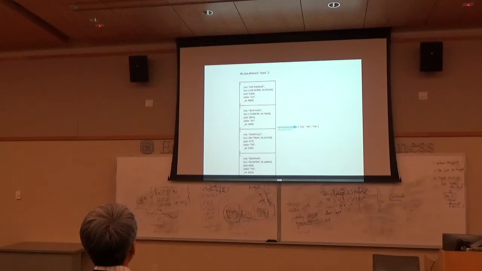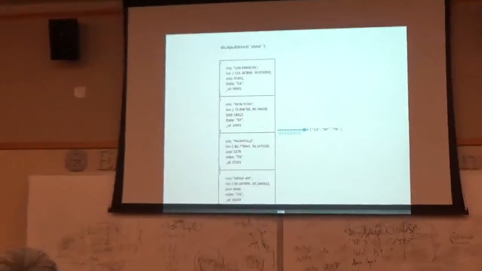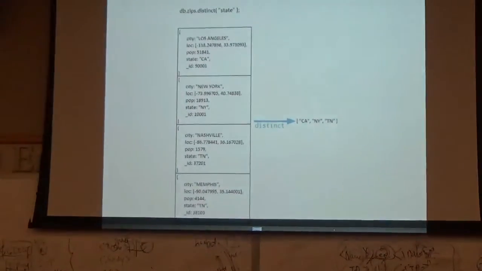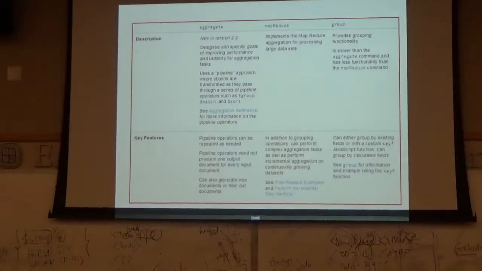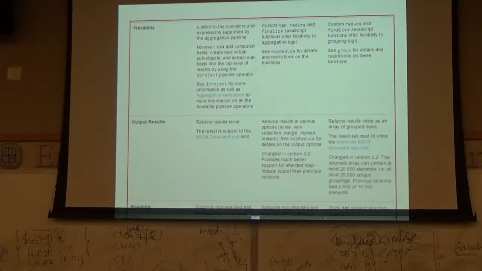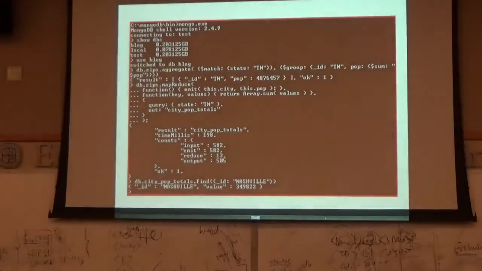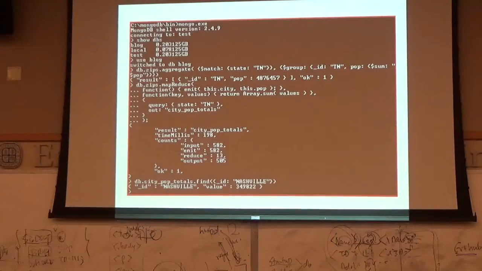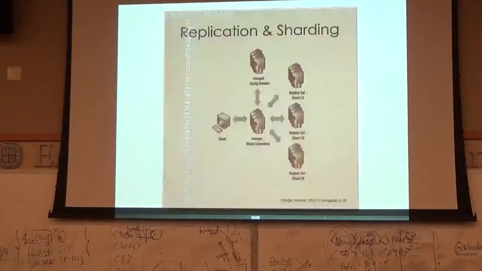There are other functions, like distinct: even though we have CA, NY, TN, TN, two TNs, we can get only one TN if we use this. So these are the features supported by MongoDB compared to MapReduce and other grouping. You will practice these MongoDB features.